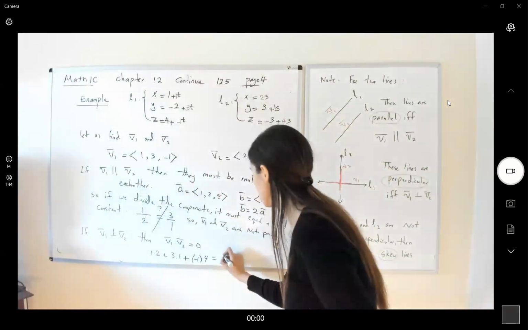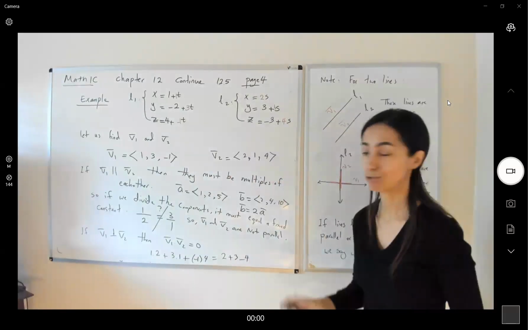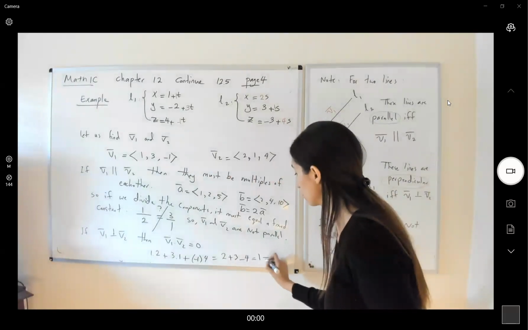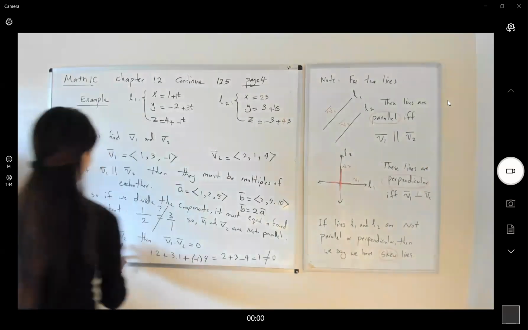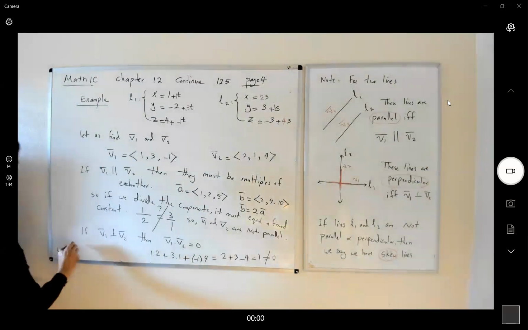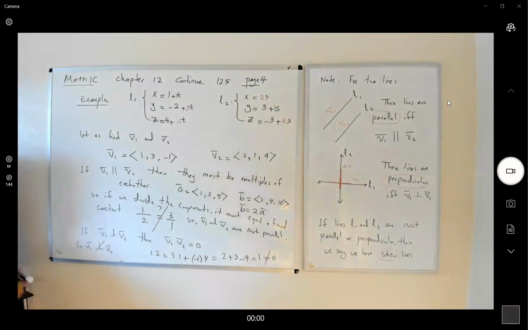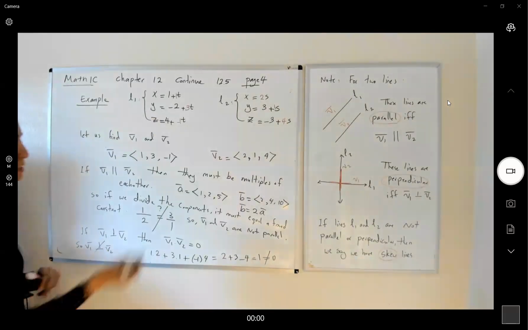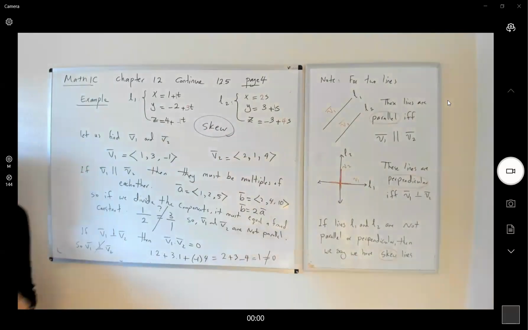So you have 2 plus 3 minus 4, 5 minus 4, which is equal to 1, not 0. So V1 and V2 are not perpendicular. So which case is this? It means that these two lines are skew lines.